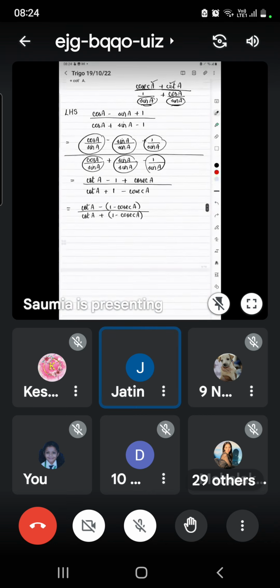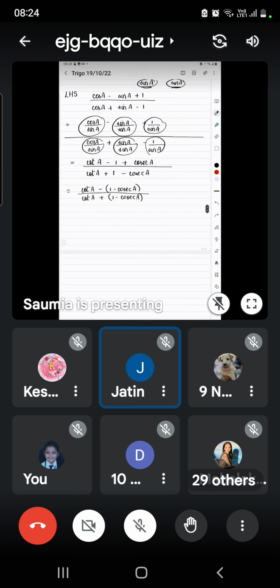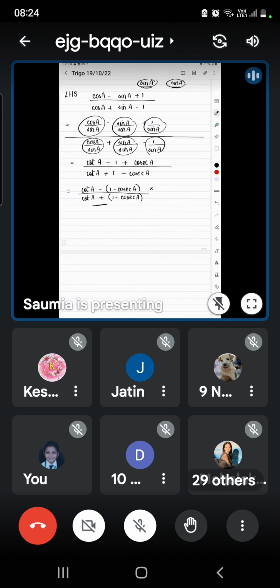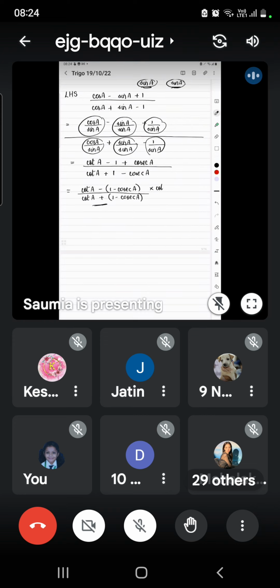Ma'am, we can multiply and divide by A minus B. Yes, we can multiply and divide by the conjugate of the denominator. So conjugate of the denominator will be cot A minus 1 minus cosec A upon cot A minus 1 minus cosec. Got it? Now, so what will the numerator become?